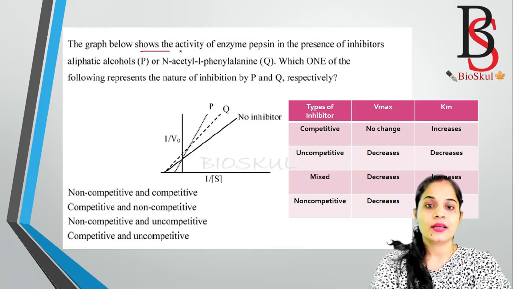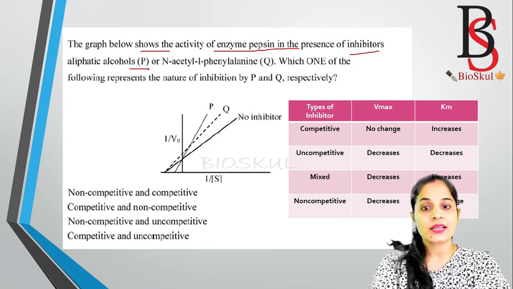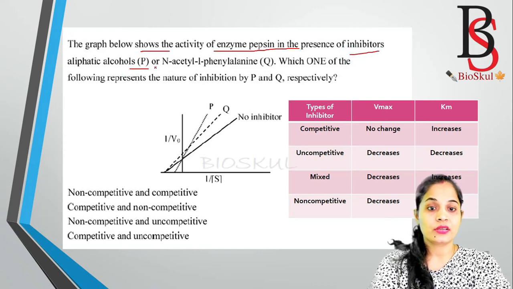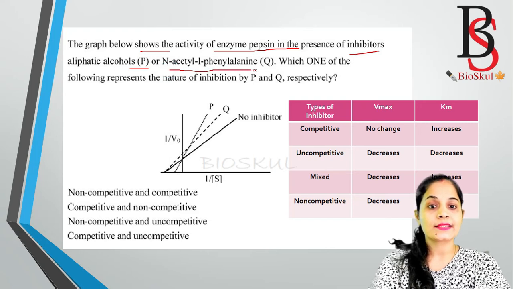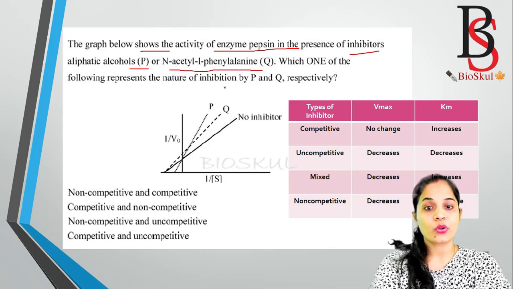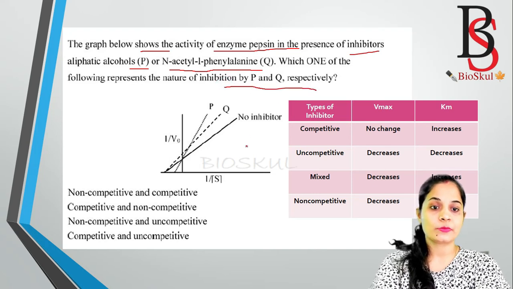Let's see this one. The graph below shows the activity of the enzyme pepsin in the presence of inhibitors. Aliphatic alcohols are represented by P, and N-acetyl L-phenylalanine by Q. Which one of the following represents the nature of inhibition by P and Q respectively?